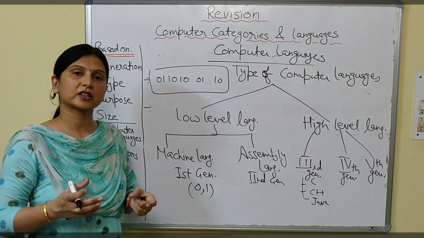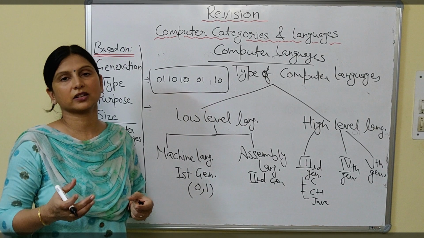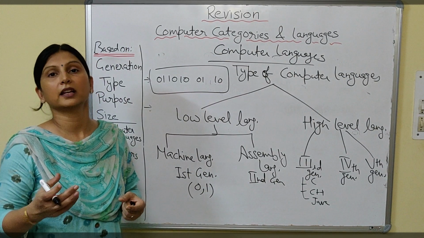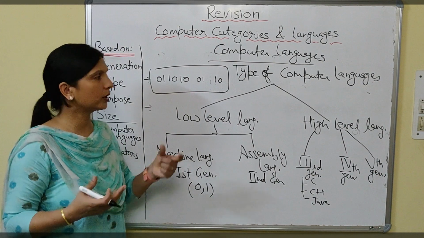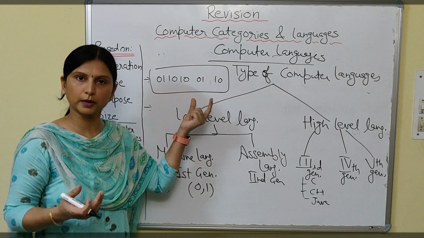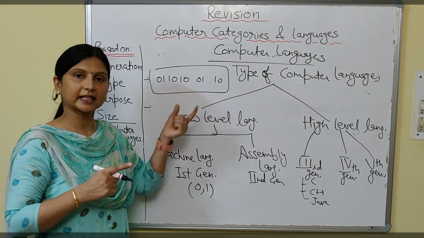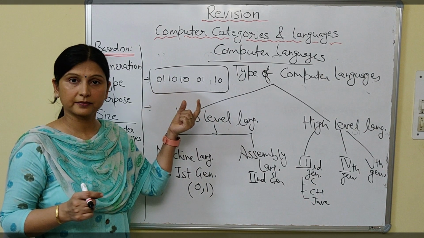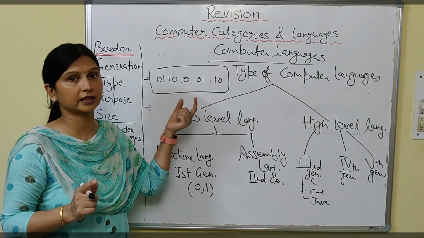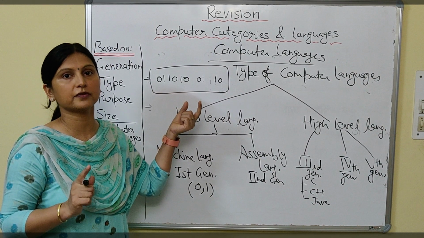If you give the instruction in terms of 0, 1, that instruction will be directly understood by computers. Fine, because computer understands only 0, 1 and you are instructing the computer in terms of 0, 1. So that will be directly understood by computer and execution will be very fast. But the disadvantage: it is difficult to instruct the computer in terms of 0, 1.